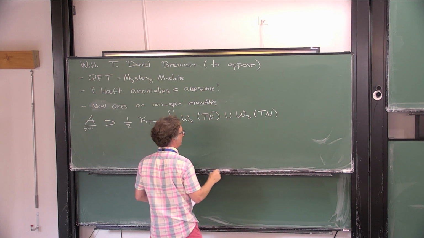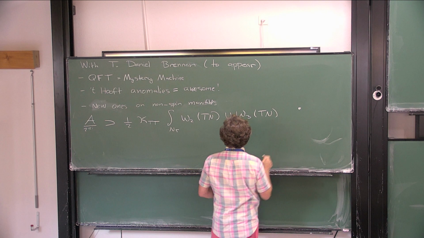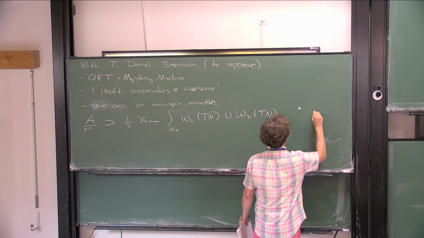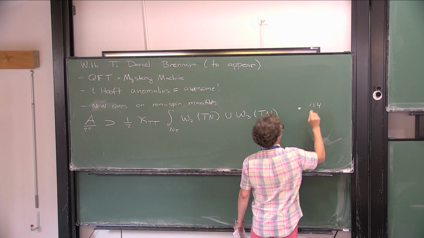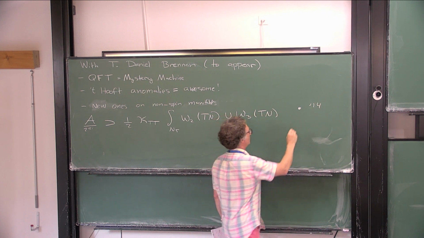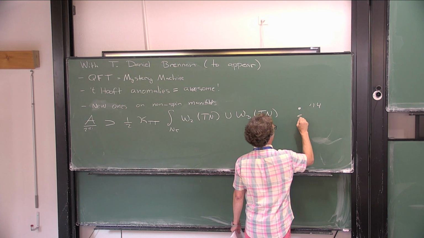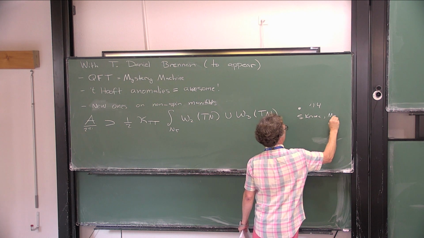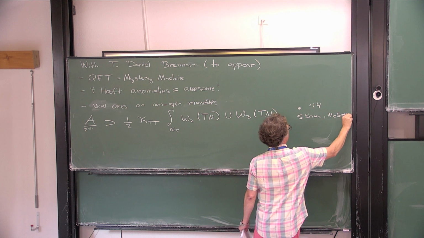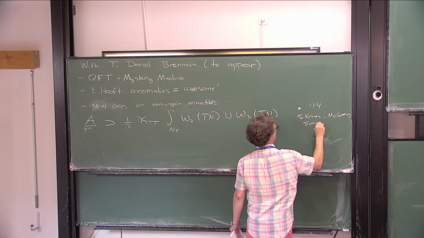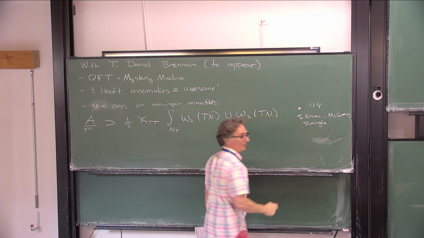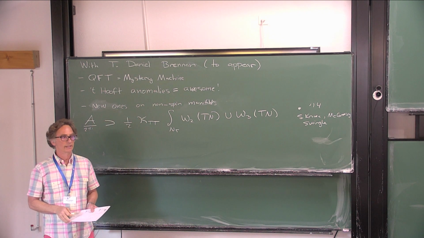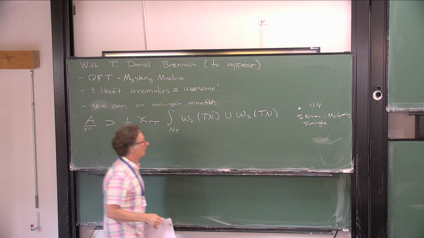Just to give some references, there were some papers from around 2014. One was by my colleague Kravik, McGreevy, and Swingle, who didn't write down this anomaly term, but talked about anomaly in all fermion electrodynamics, which is related to this term.